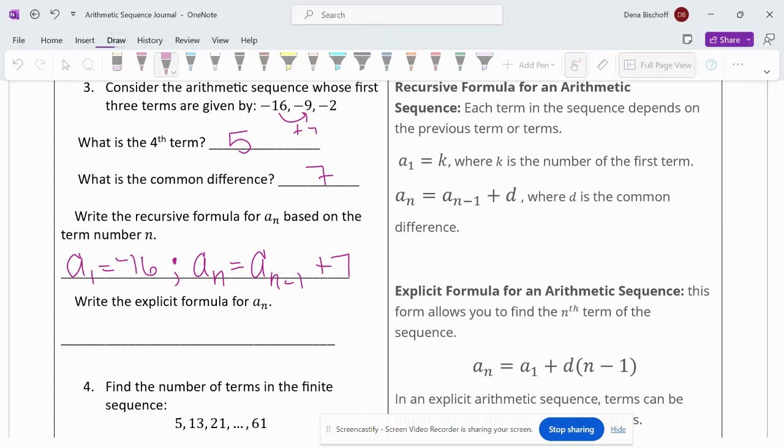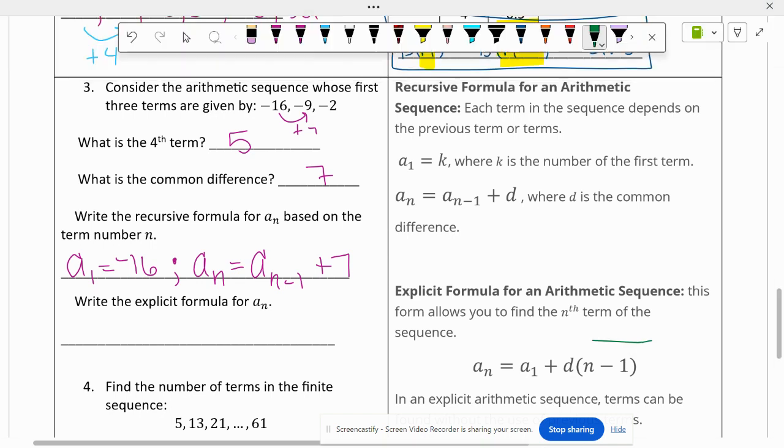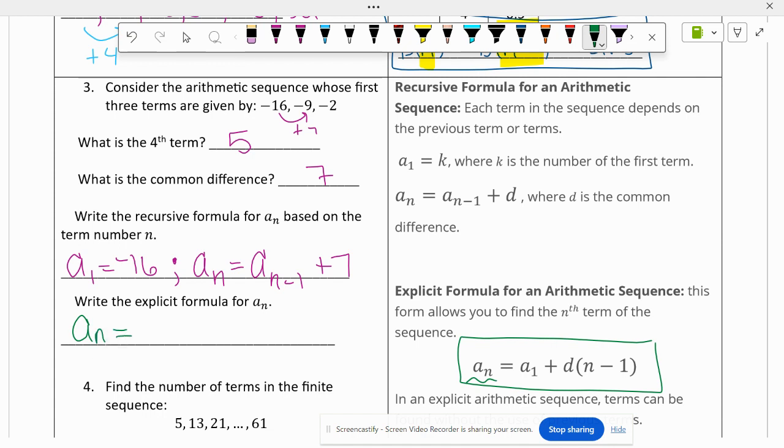So then it asks me about the explicit formula. And I wrote the master of the explicit formula right here. That's kind of like the key. Every time you need to write the explicit formula, it's going to look like that. So it says, write the explicit formula for A of n. So we're just going to model this. A of n equals, okay, let's see.